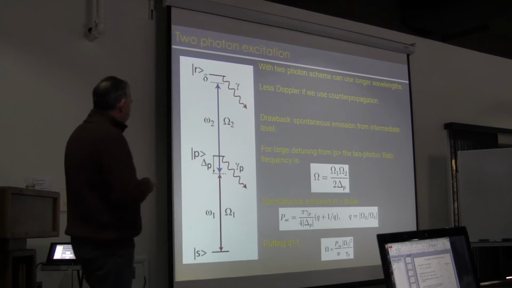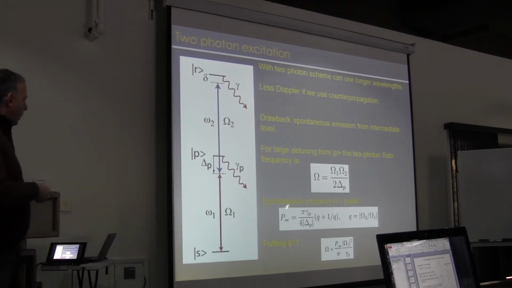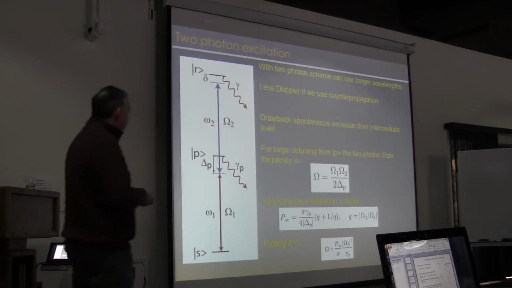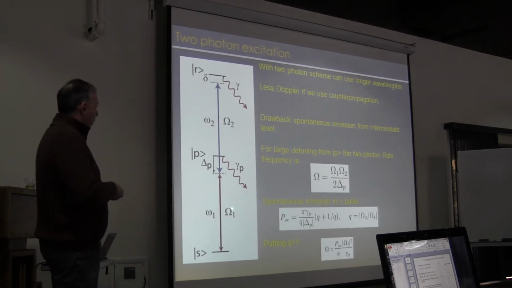If you do that, you'll find that the spontaneous emission probability in that pi pulse is governed by the ratio of the line width of the intermediate state, gamma p, divided by the detuning, times a function of the ratio of the one-photon Rabi frequencies. So that spontaneous emission probability is minimized, an optimal point for quantum operations, by setting the one-photon Rabi frequencies equal.